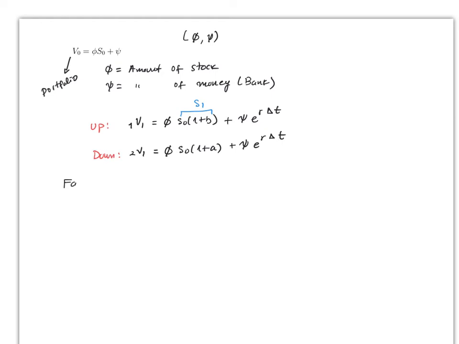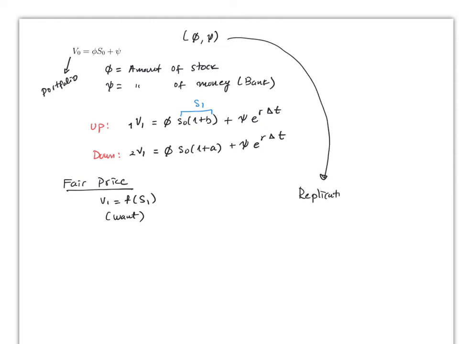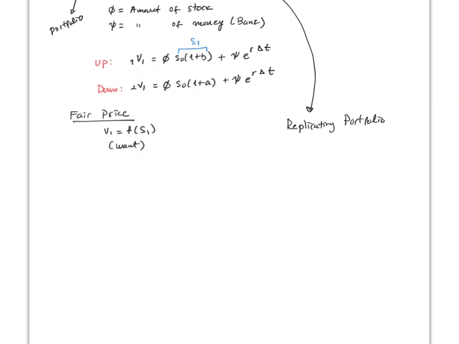So now for the fair price, the fair price will be the price where B1 should equal the payoff function of S1. So this is what we want. And this is called the replicating portfolio, which means you're going to use a combination of the stock and the money so that there is no arbitrage. So therefore this implies the following.